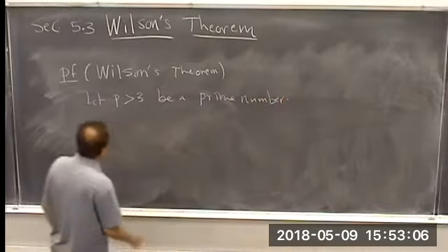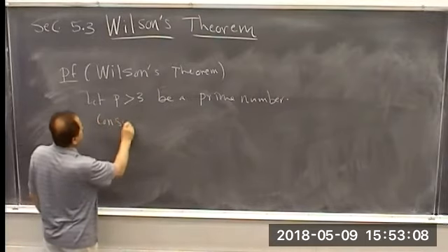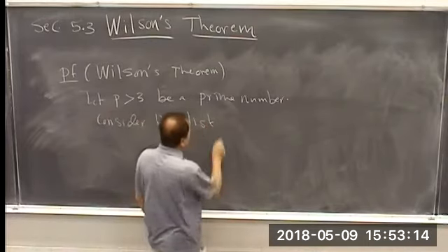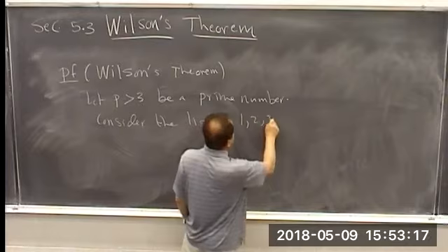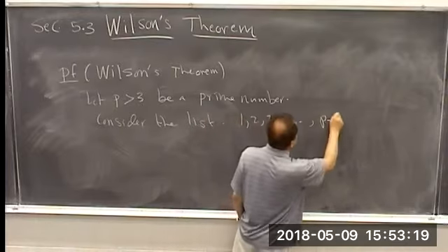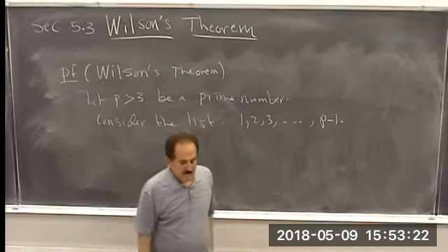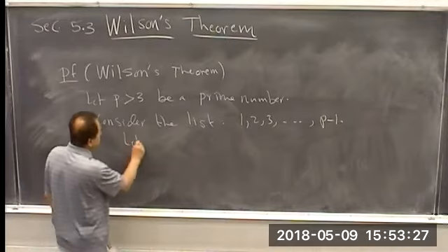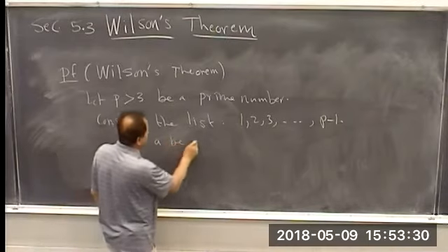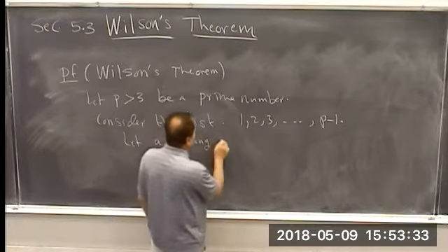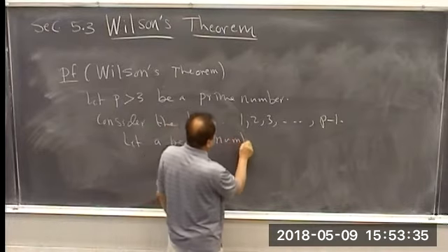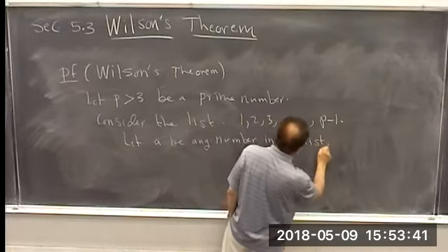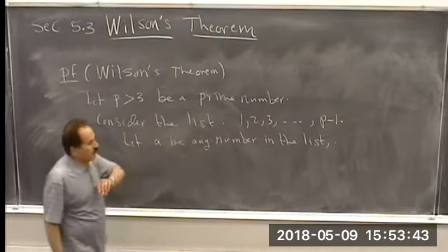And we're going to consider this list: 1, 2, 3, up to p minus 1. And then we're going to let a be any number in the list. So I'm going to run it through every number in the list.